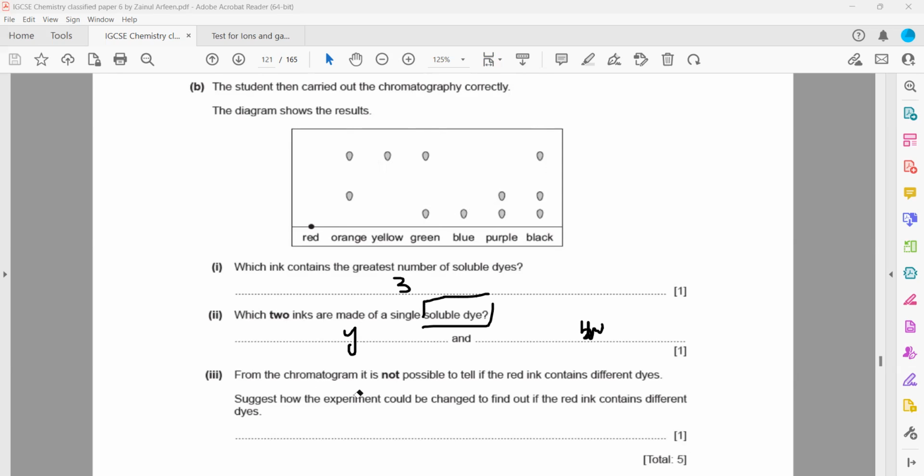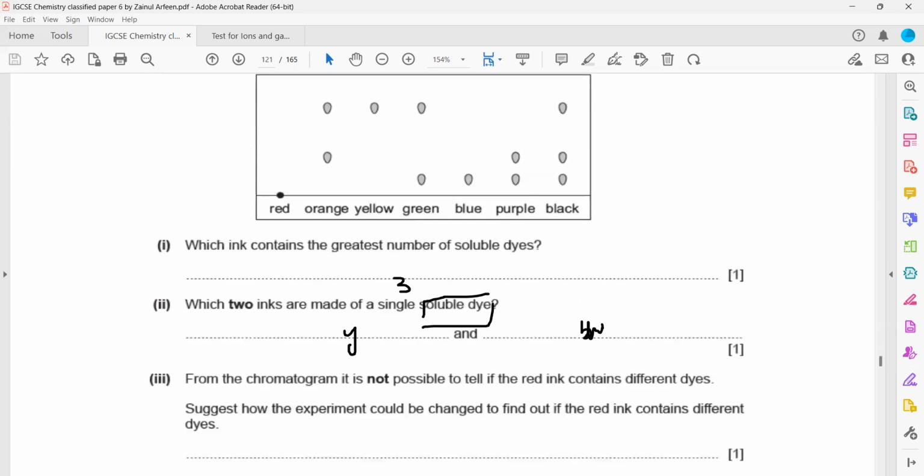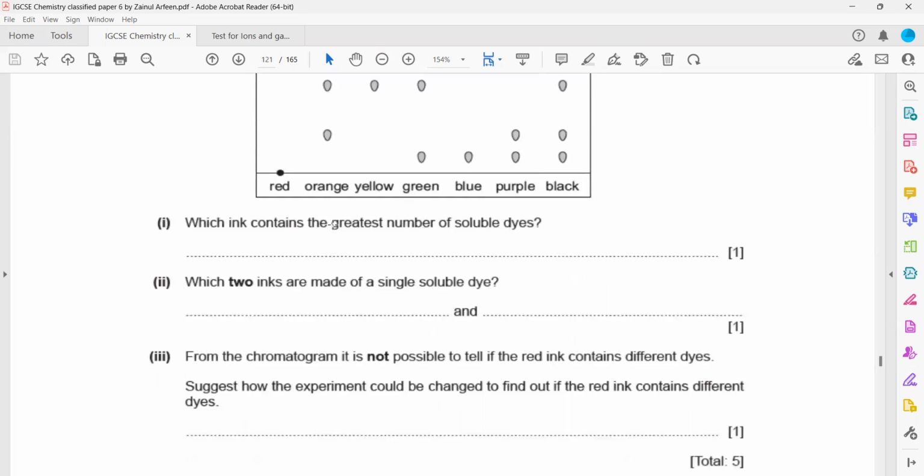From a chromatogram, it is not possible to tell if the red ink contained different dyes. How should the experiment be changed? Use a different solvent in which the red can dissolve, because right now the red does not dissolve in the solvent we are using.